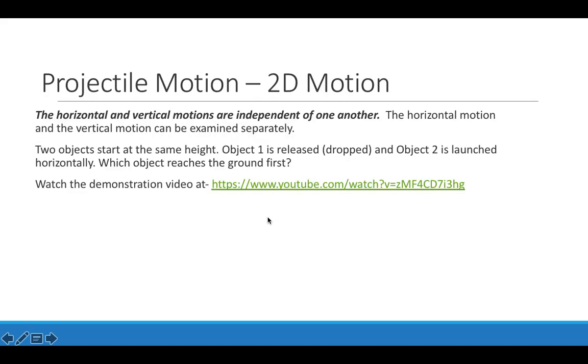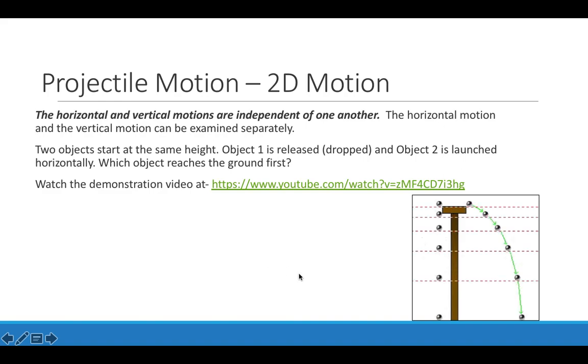You can watch a YouTube video that demonstrates this, but this animation, which is running very quickly, also demonstrates the idea. One is shot off, one is dropped, and the dotted lines show you that those objects are falling the same distance every second that goes by.